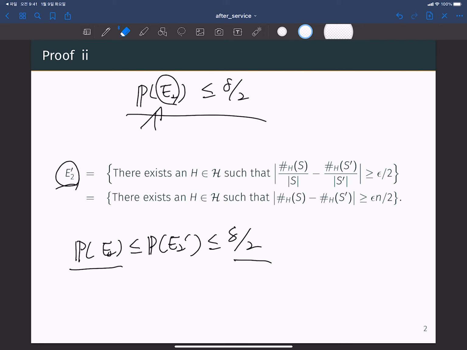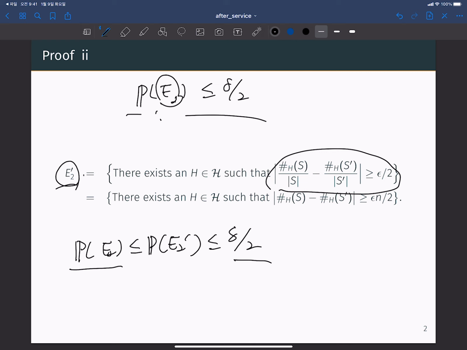Okay, so E2 prime is a kind of superset of E2, because when E2 holds, this must be true as well.